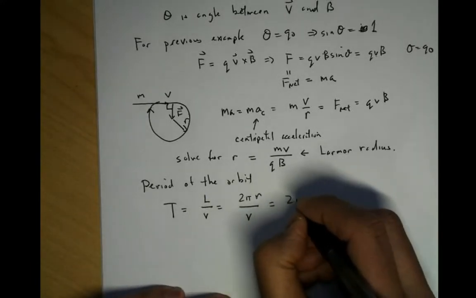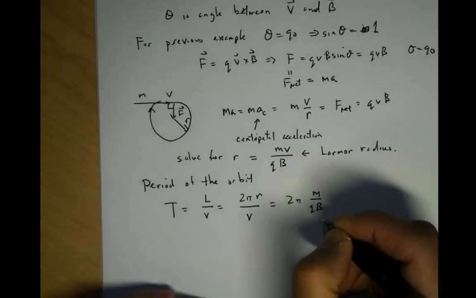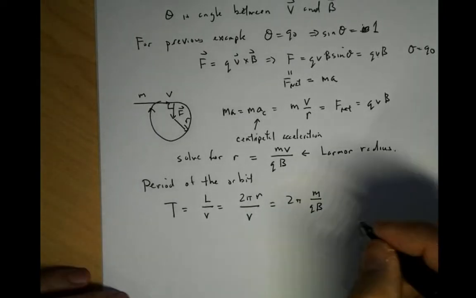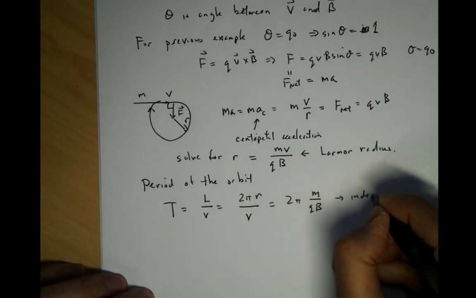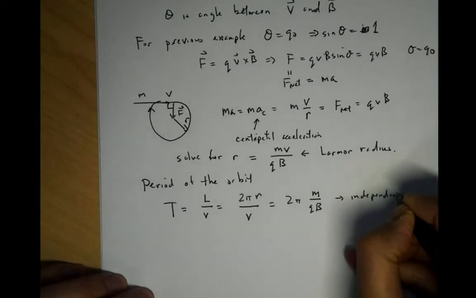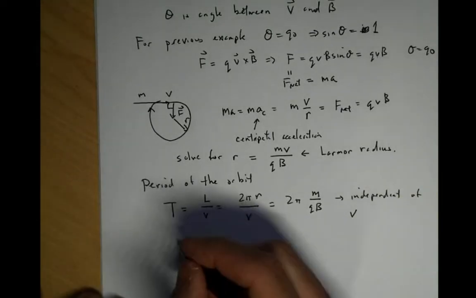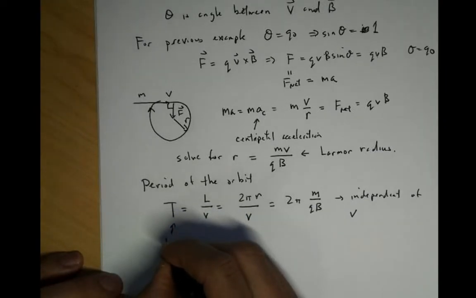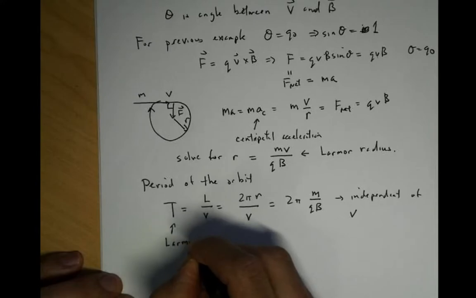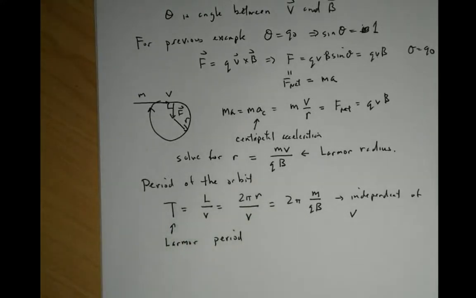It's basically 2 pi m over qB, all right? We'll notice now that this is independent of v, right? So the Larmor period here does not depend on the velocity, right?